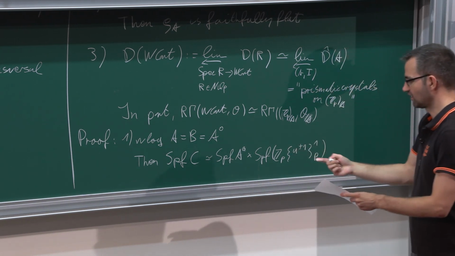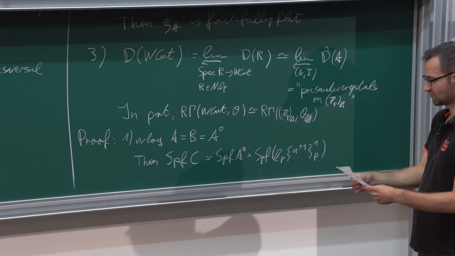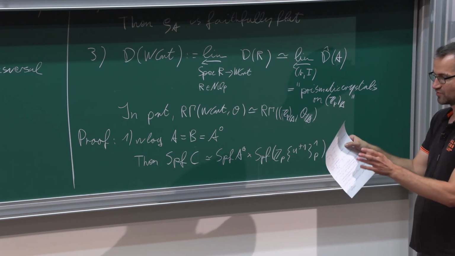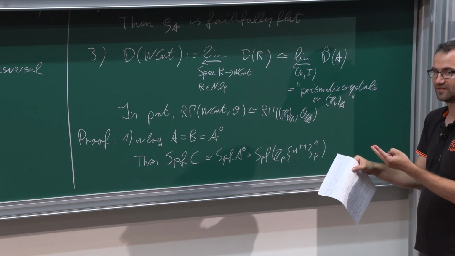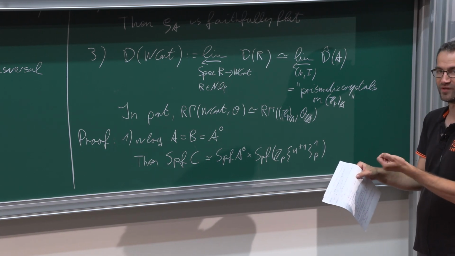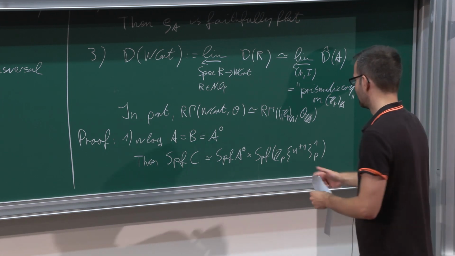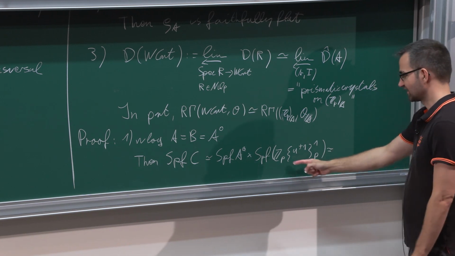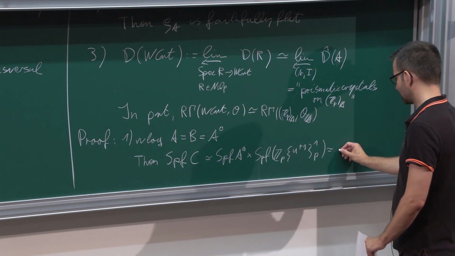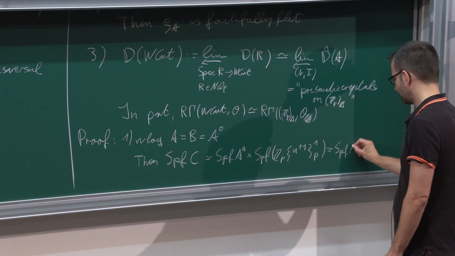Again, the argument is that the product in the prismatic site, so what does it represent? It represents the choice of two generators for I, and these differ by a unit. And so therefore, it's represented by that thing. But that, exactly by the definition of the Cartier-Witt stack, identifies with this fiber product.